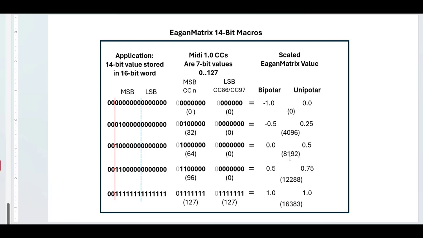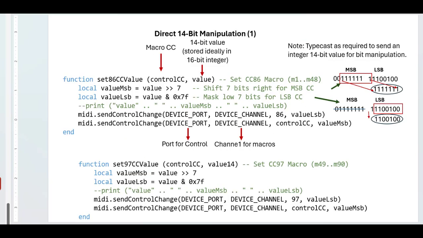Then, of course, if I add another 4096 on the 8192, that will take me to 0.5 bipolar and 0.75 unipolar. And in both cases, if I go to the max 16383, that's going to map to 1 in both unipolar and bipolar cases. So now comes the fun part, and that's how do you program this?